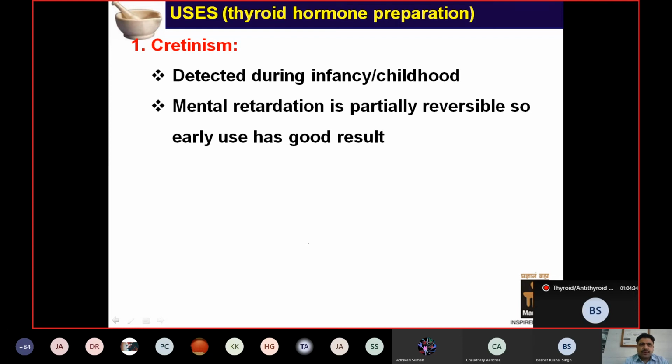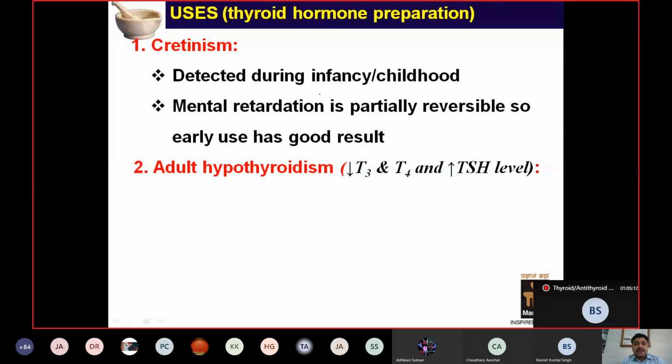So for a better result, we have to identify the deficiency very early and use the drug. If we do that, then we can reverse the mental retardation. If it is delayed, then the mental retardation is not reversible, so we will lose that. So the challenge in management of cretinism is to identify the deficiency early and then start the therapy.